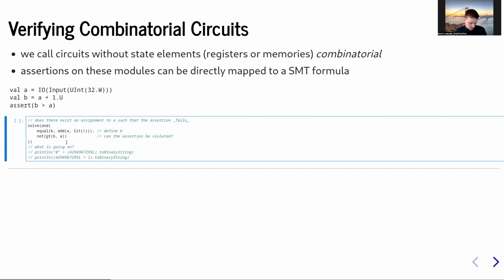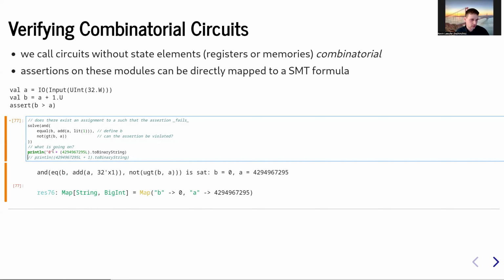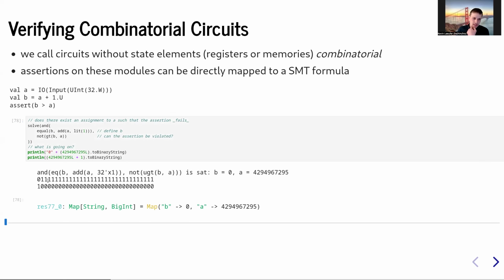Now we can ask the solver if it can find a value, and it will actually find one. It says, if A is this value, then B will be 0. And obviously, this is not larger than the other value. So why does this happen? Well, we can look at the binary string for these two values, A and A plus 1. If we do that, we will see that if A is this large number, it means that it's basically 32 ones next to each other.